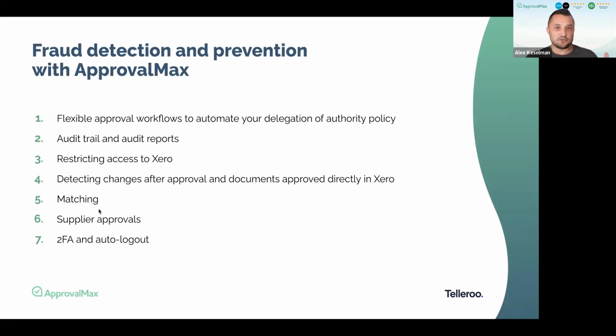So having a streamlined and unified process across all of your companies, making sure that users are actually added into your ApprovalMax account and knowing what they need to approve will limit this possibility of phishing attacks. Having access to your system within the system itself will limit these potential fraudulent activities.